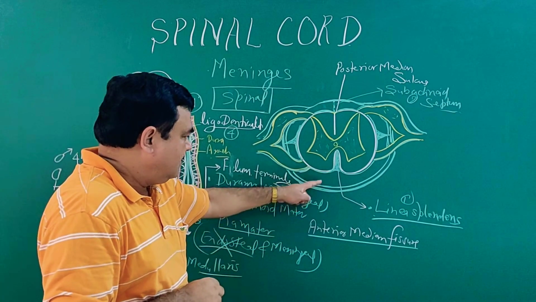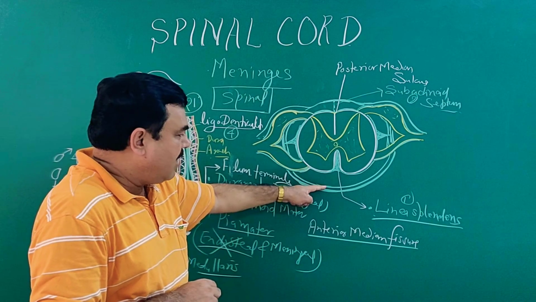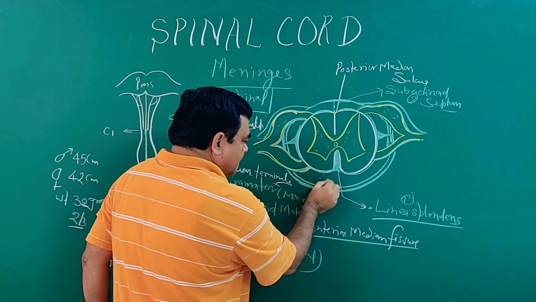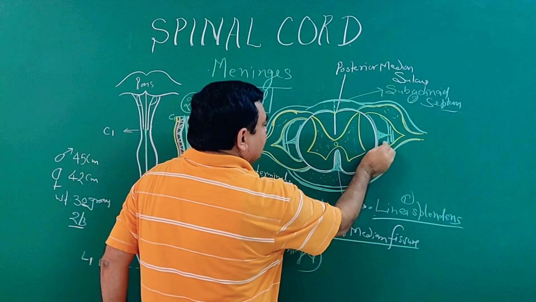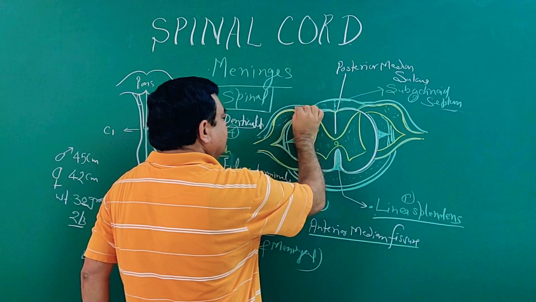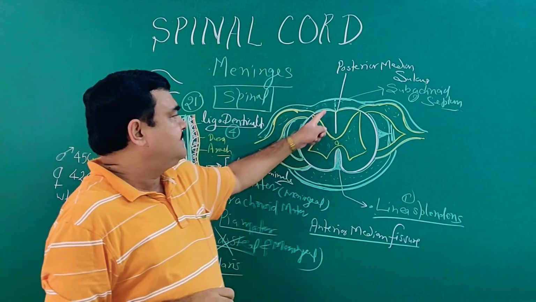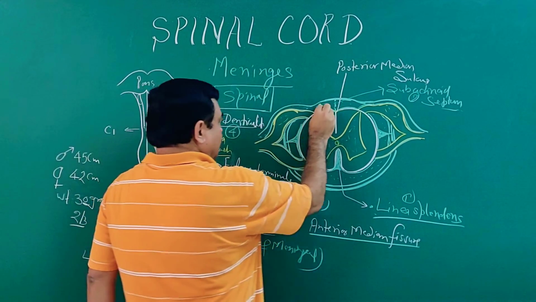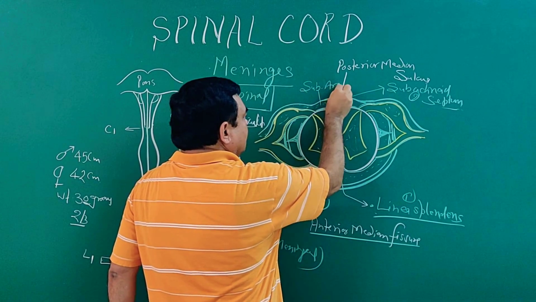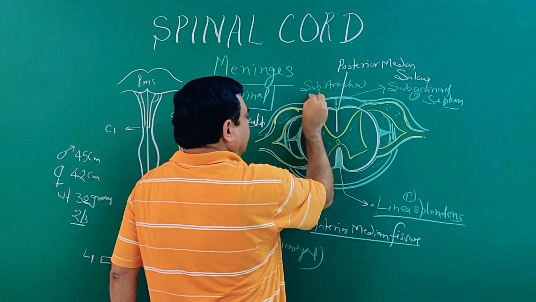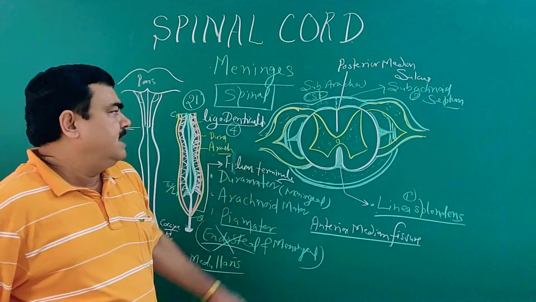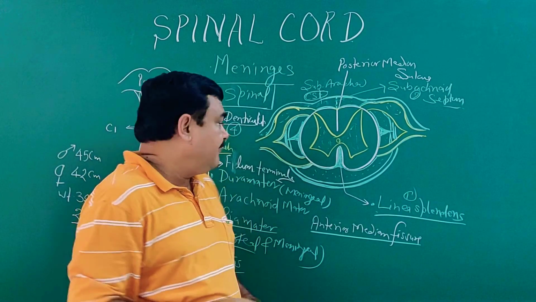The next layer is the arachnoid. Between this and this there is the subarachnoid space. This space contains CSF, cerebrospinal fluid, and is continuous with the CSF of the brain.